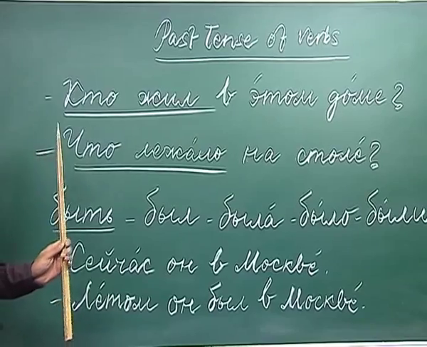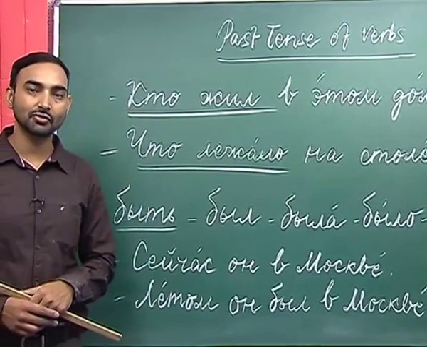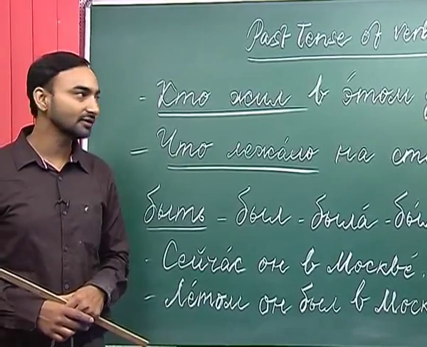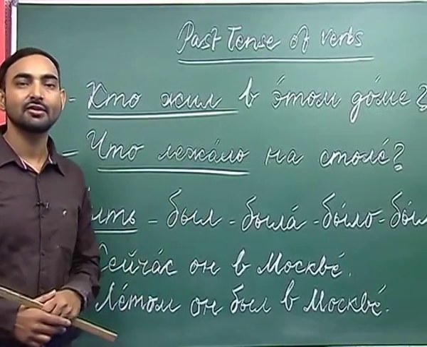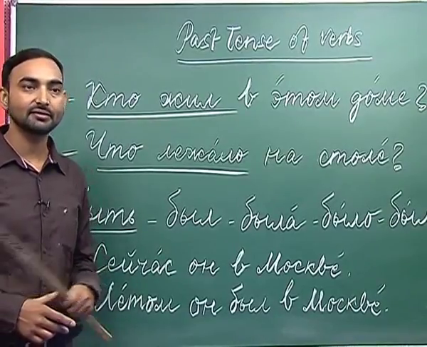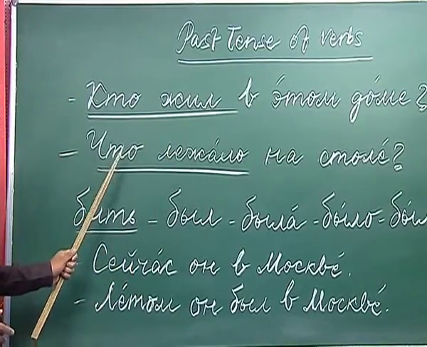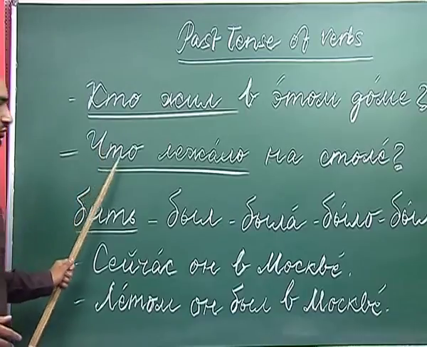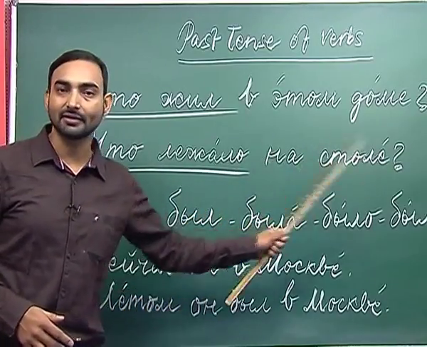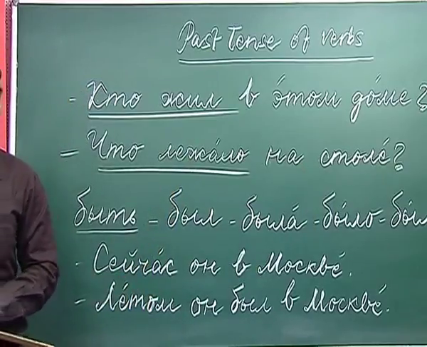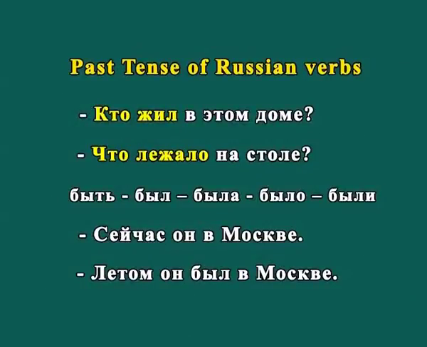but chto, which is again an interrogative word which means what, requires the verb to be in the neuter gender form. So here, as you can see, chto lezhalo na stole. Lezhat' is to lie, na stole on the table.